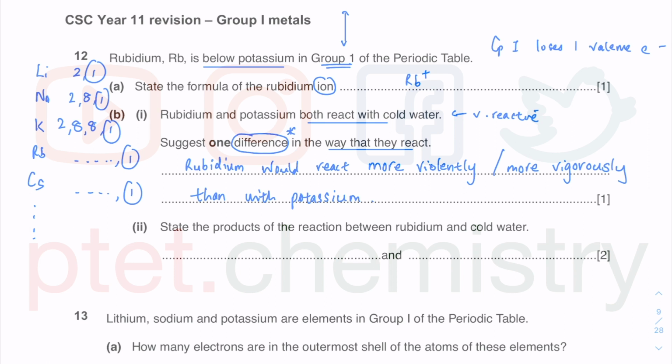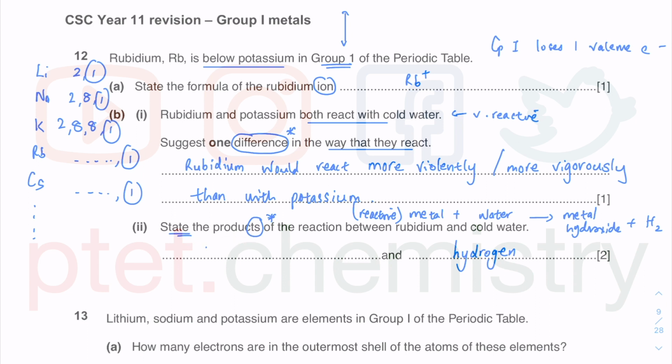Okay, now state the products, because this is a metal plus water, or reactive metal plus water. Reactive metals like group 1 metals plus water, you will get metal hydroxide and also hydrogen gas. However, they say state the products, so usually we give the name, but because they don't say state the formula, if you give the formula, I don't see how they will be wrong because they don't say name the products.